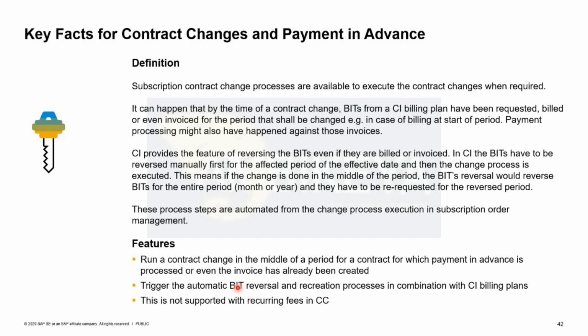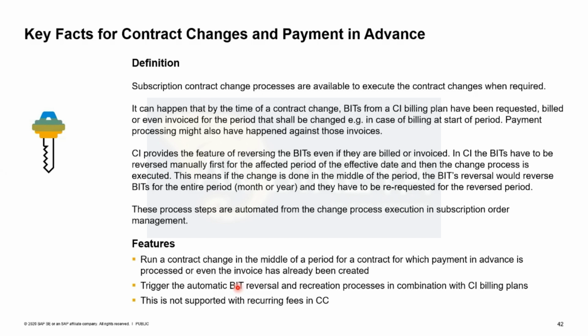But now a customer has come back to execute some change onto the contract. Think he did not like the service and he wants to cancel a contract. It was not possible earlier because there are bits which are billed and invoiced against a CI bill plan.